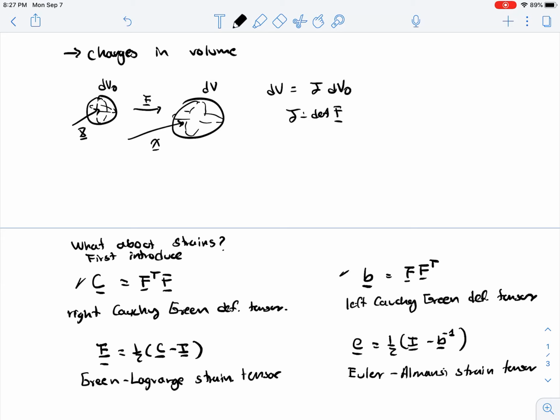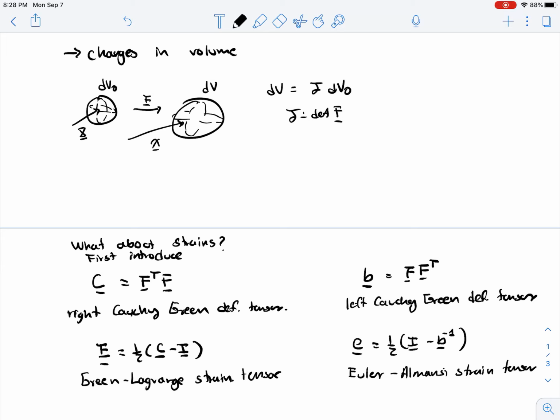And these are the strain metrics for large deformation. So typically, I would say the most commonly used ones are going to be C and B. And you can think of C and B as sort of stretches. So C has information about the stretches.